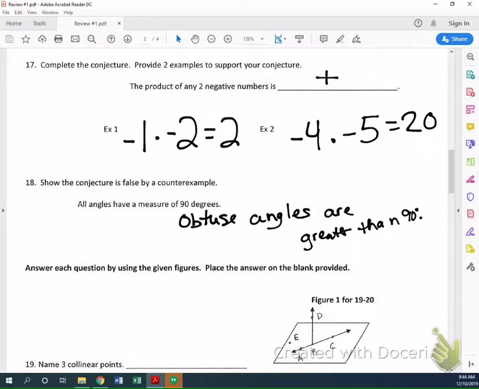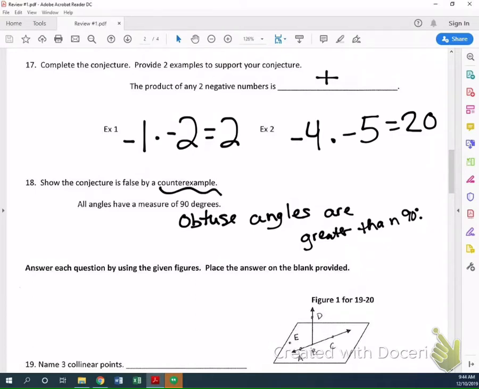This is one on the final where I think since there are so many options for counterexamples and it's multiple choice, it'll be like all of these are counterexamples except, and you have to pick which one is not a counterexample. So it might say all the angles have a measure of 90 degrees.